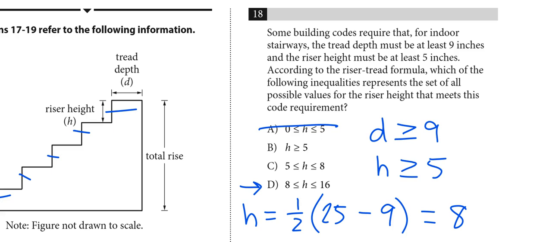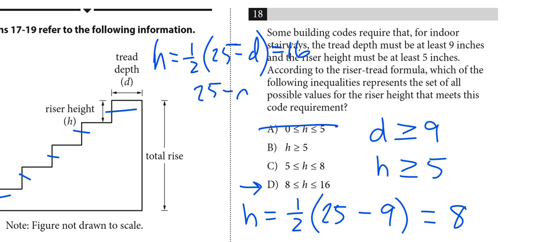I'm thinking I have to go with D, but why are we capping it off at 16? If we had 16, what would that mean? H equals 1/2 of 25 minus d equals 16. So that would be 32 equals 25 minus d.